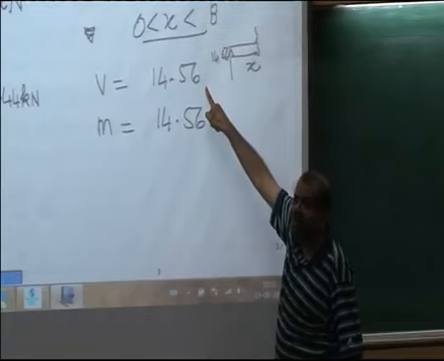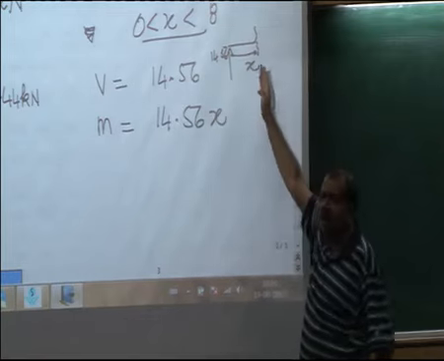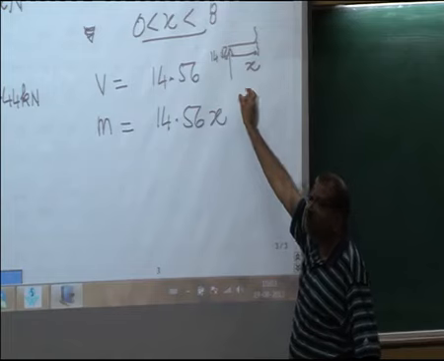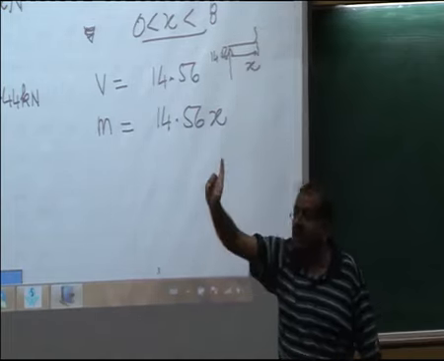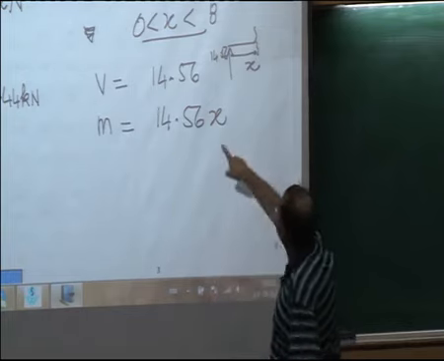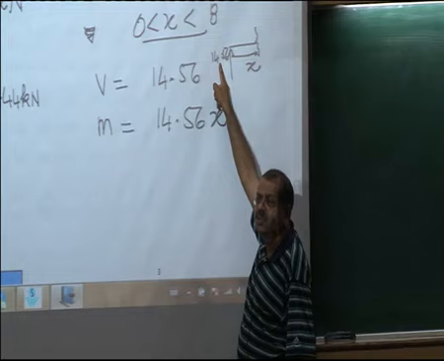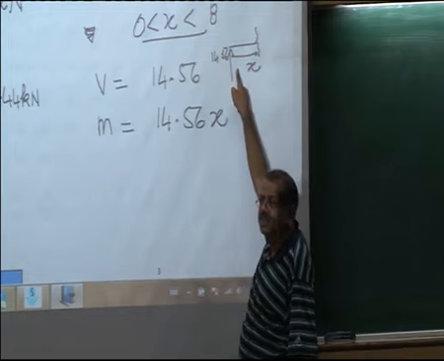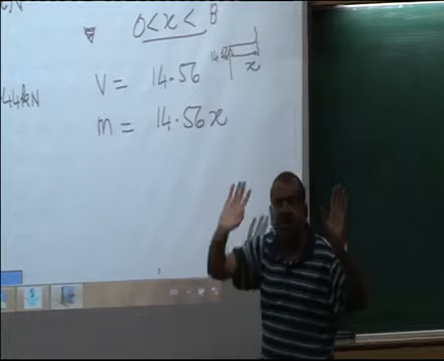So that is how I directly get 14.56. And on all sections to its right, a force applies a moment equal to the force multiplied by this distance, which we called zeta in the last class. That distance from the cut section to the point of application of the force is how much? X. So therefore the moment becomes 14.56 x. Is this clear to everyone?